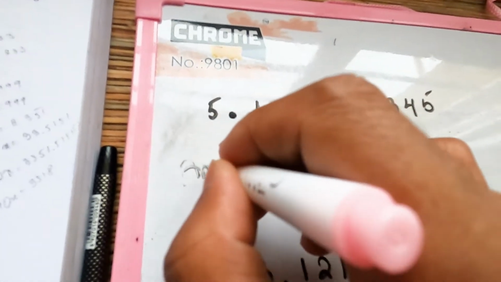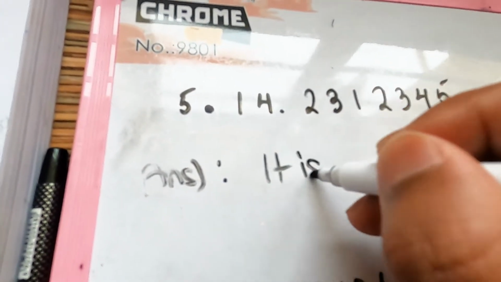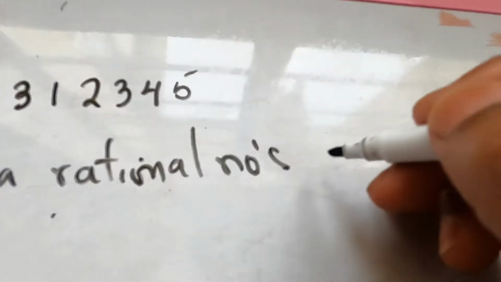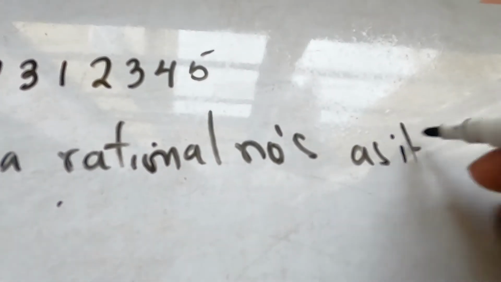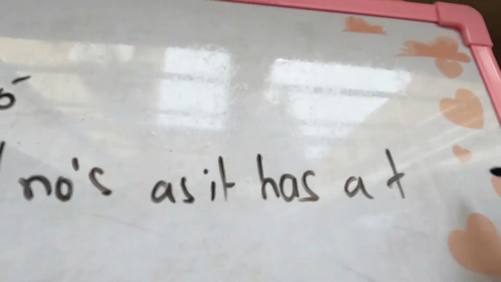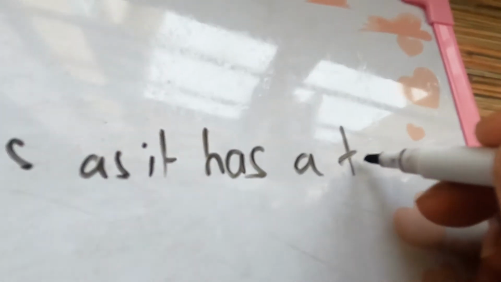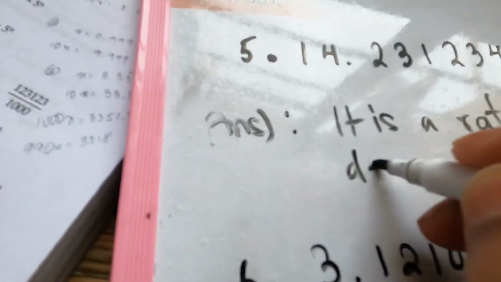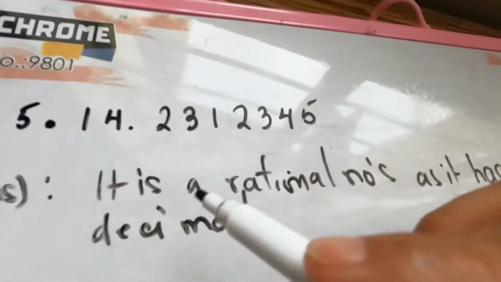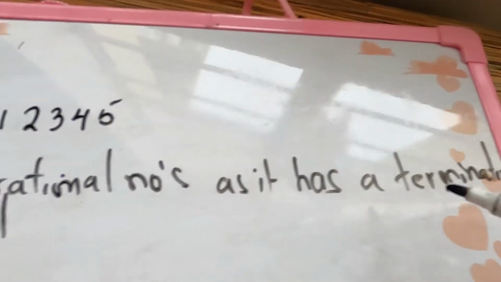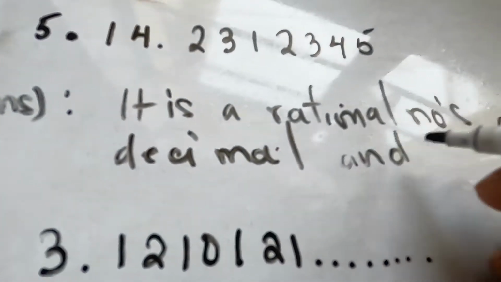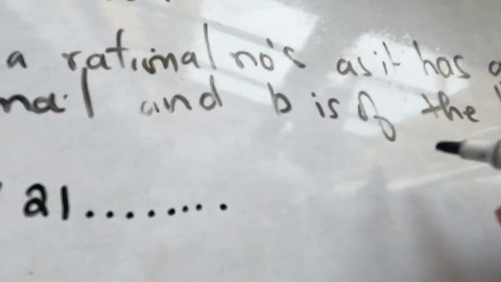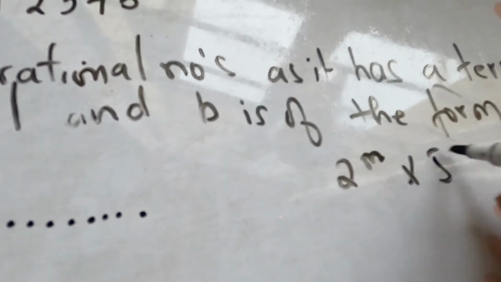So the answer for this one will simply be: it is a rational number as it has a terminating decimal, and b is of the form 2 to the power m into 5 to the power n.